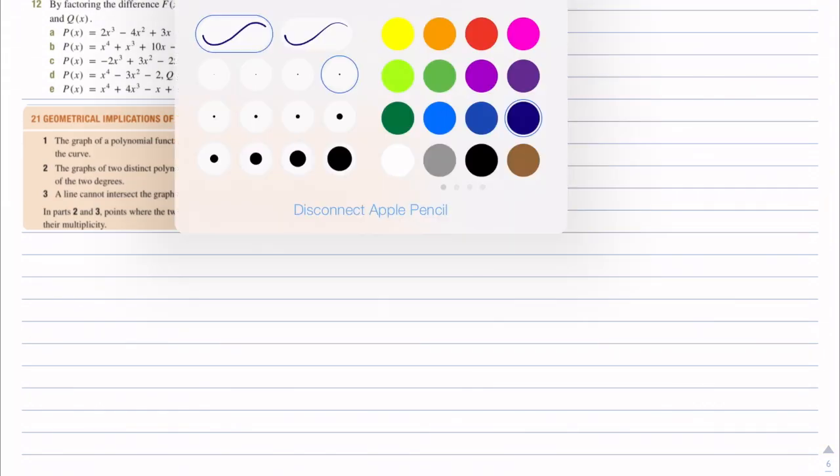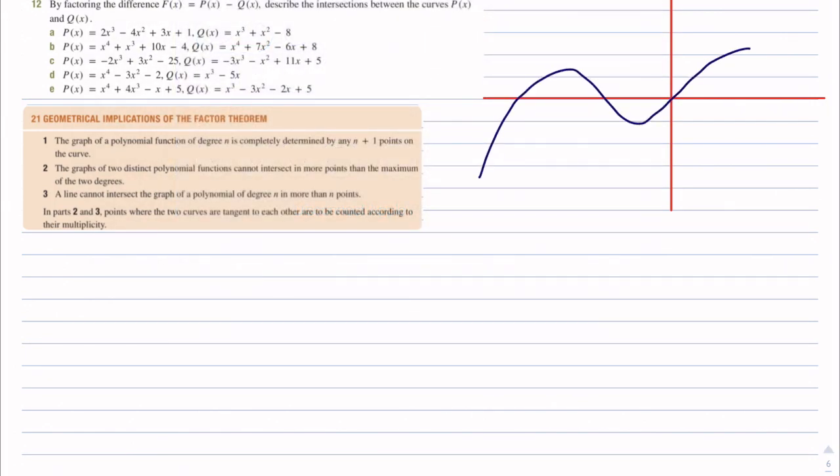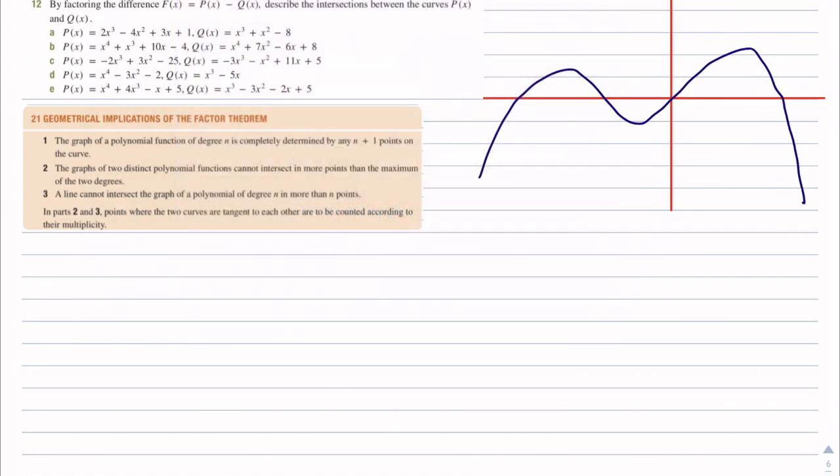Right, this question's kind of hard to interpret. What it means is, if we've got two polynomials, let's say the first one is something like that, and the second one is something like that.